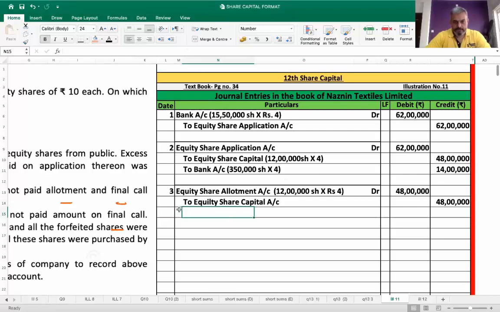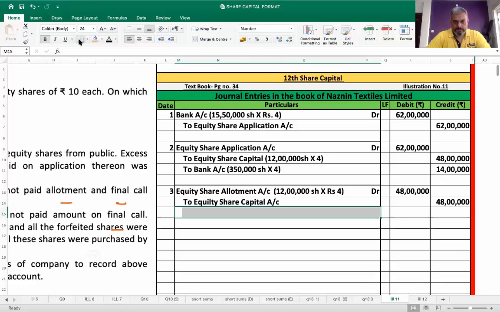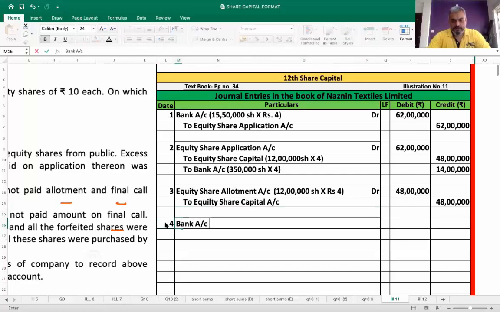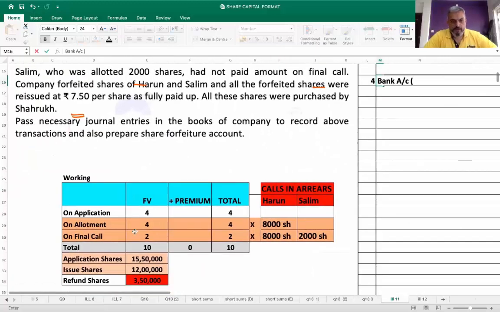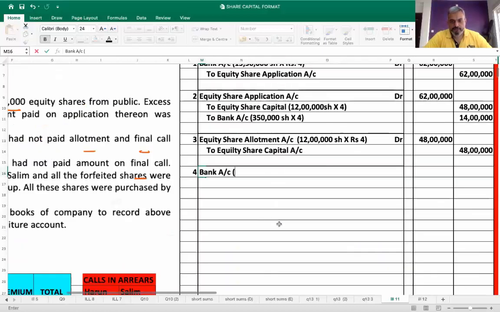Next, fourth, we receive the money, bank account. Now, out of 12 lakh shares, we did not receive allotment on 8,000 shares held by Harun.